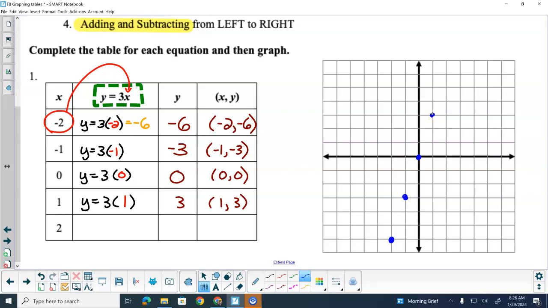And lastly, we do the last one. 3 times 2 is 6. So this is the point 2, comma 6.